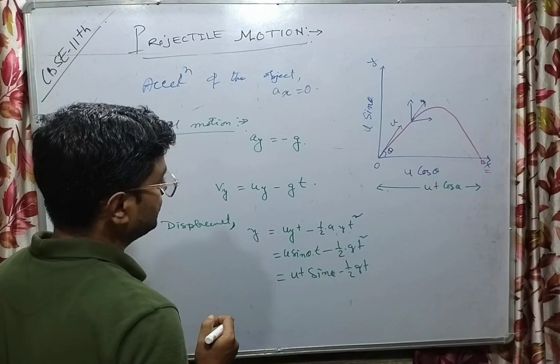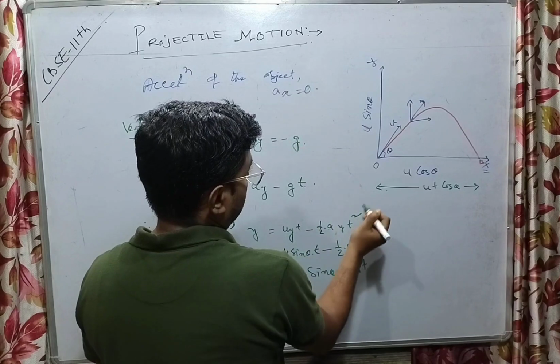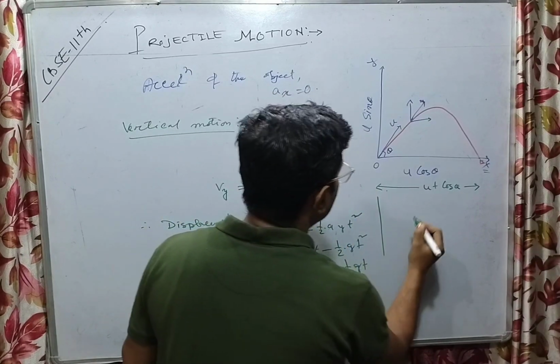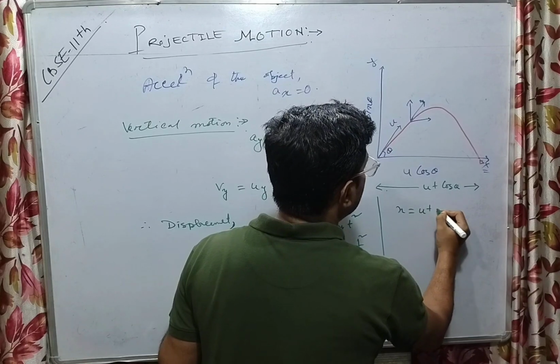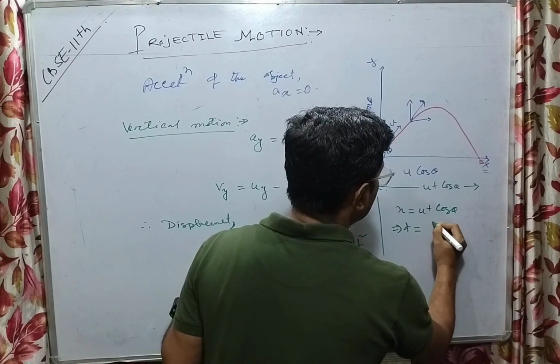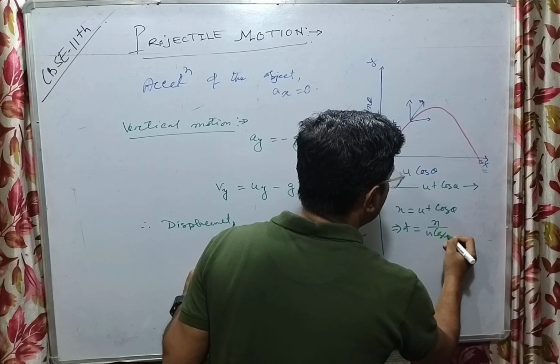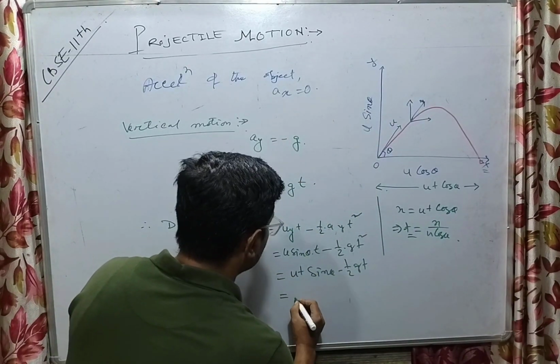Now students, t can be calculated from x is equal to ut cos theta. From here t is equal to x by u cos theta. Now I can use this value here.